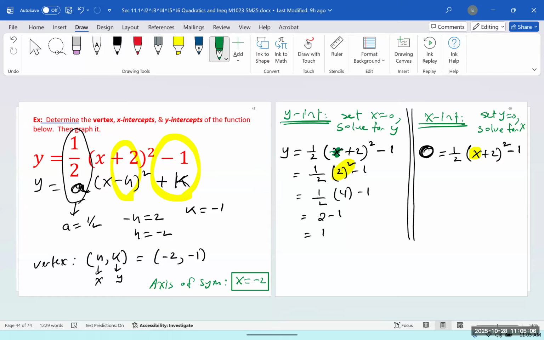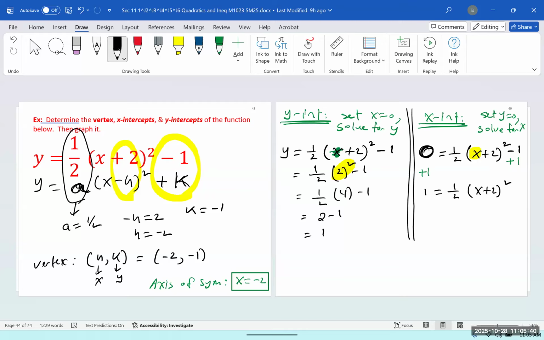Minus 1. You always start from the thing that is far from x. So first, you have to add 1 to both sides. Half is multiplying, so can I subtract? So 1 equals 1/2 (x plus 2) squared.